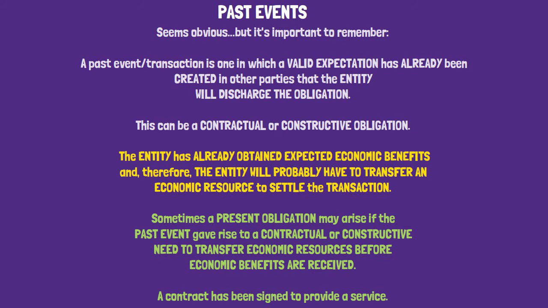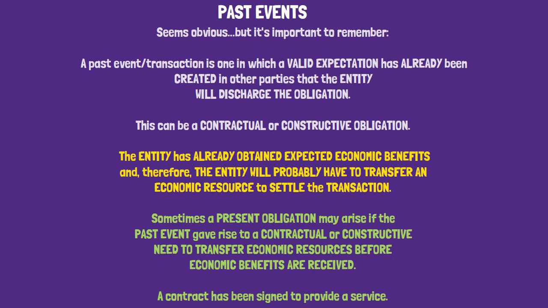And this may be a contractual requirement, and therefore you have a present obligation to pay now, even before you receive any of that economic benefit. This mainly occurs on a contract where a contract has been signed to provide a service.